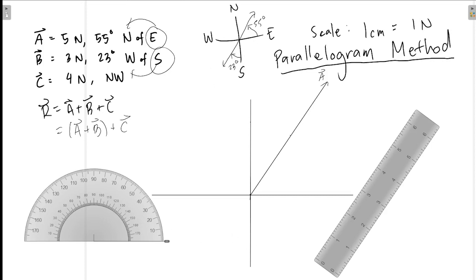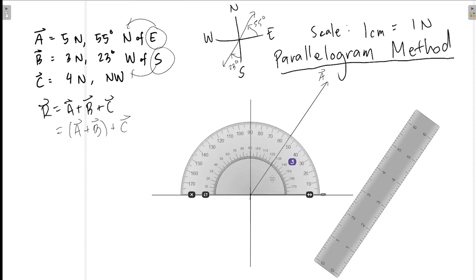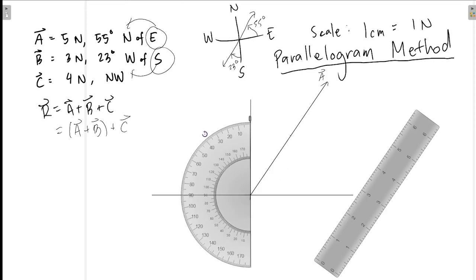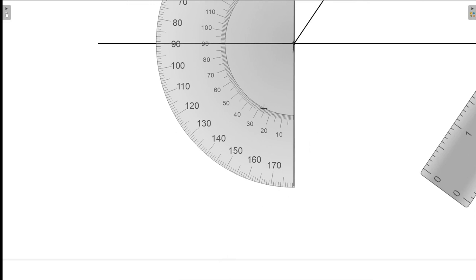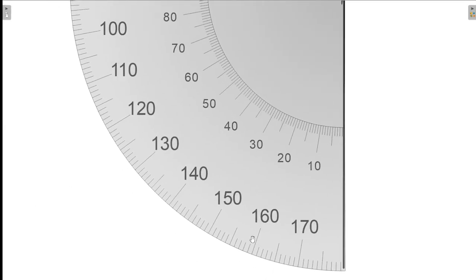Okay, so using our protractor, let us mark that angle. So 23 degrees. So 23 degrees is around here. So mark lang natin.